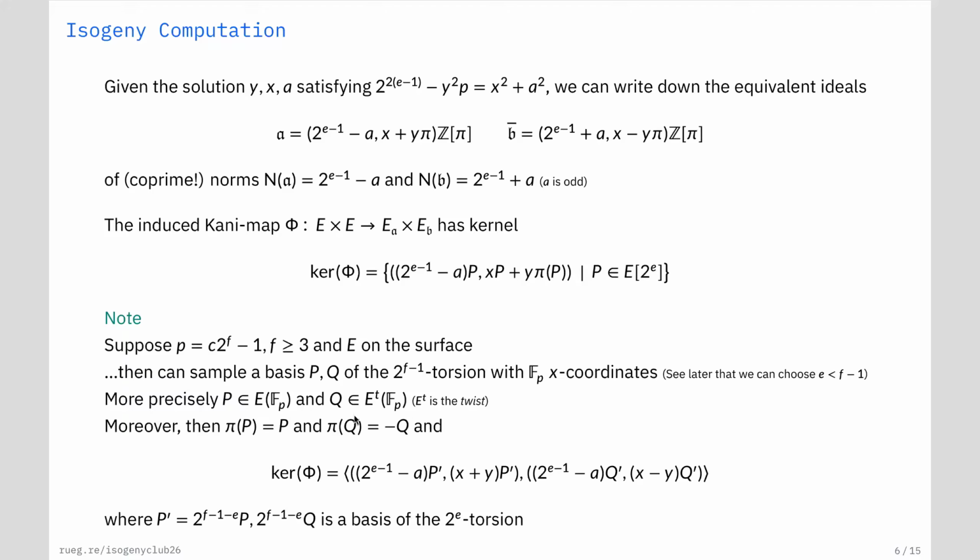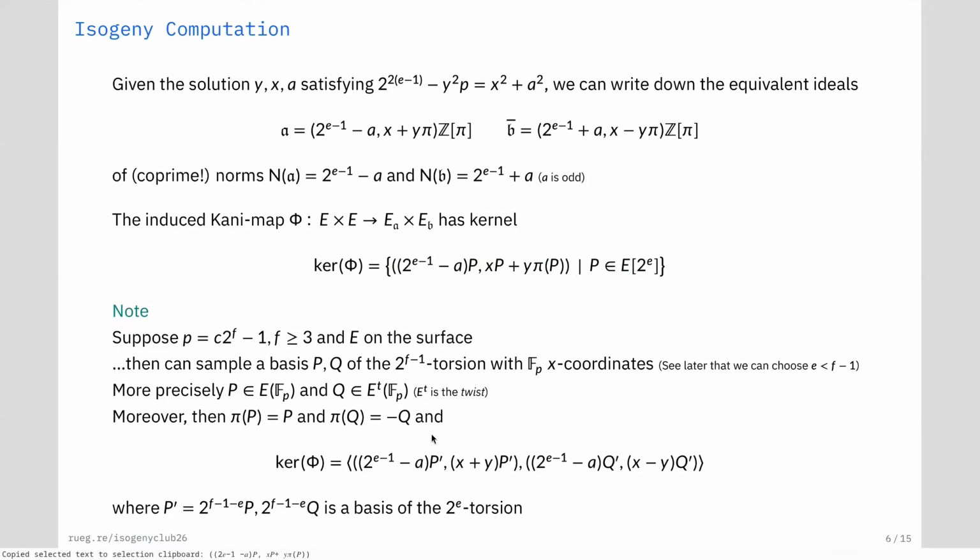And when you choose a basis in this way, when you choose this way to represent the kernel, then this expression up here becomes even more simplified. Right? So Frobenius of P will just be P because P is an F_p rational point, and Frobenius of Q will be minus Q because Q is F_p rational on the twist.